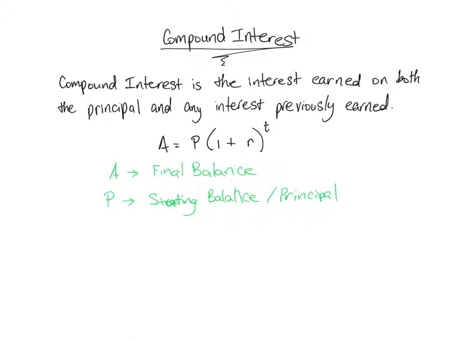R, and some formulas may write R differently. In this case, R is a decimal, so it's the interest rate as a decimal. So the percent interest, but converted to a decimal.